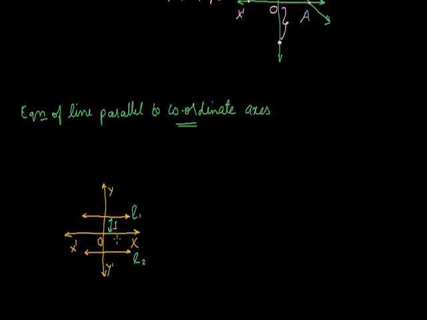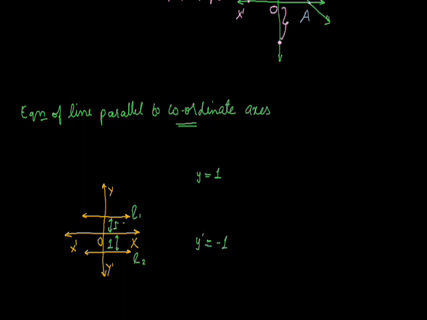Then the y coordinate of every point lying on L1 and L2 will remain the same, and for L1 the y coordinate, denoted by small y, would always be 1. Similarly, the y coordinate for L2, denoted by y dash, will always be -1.